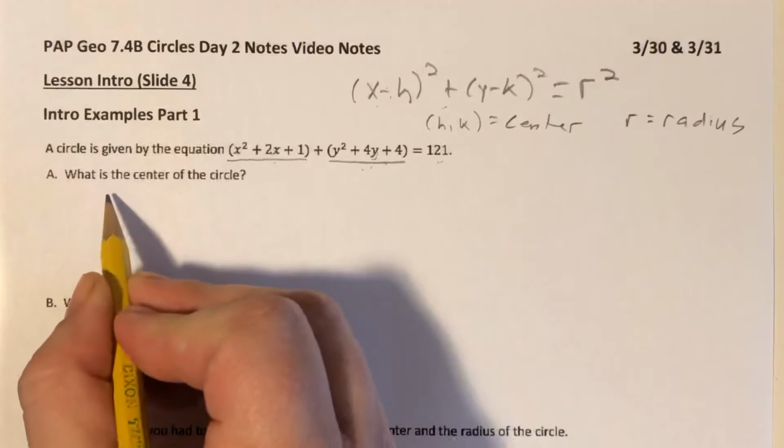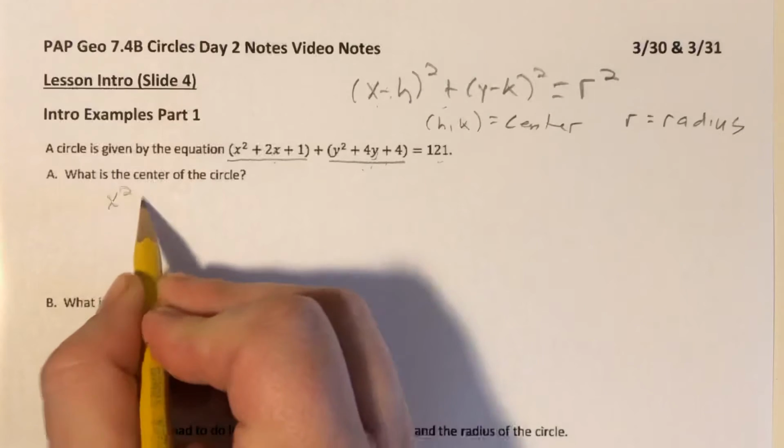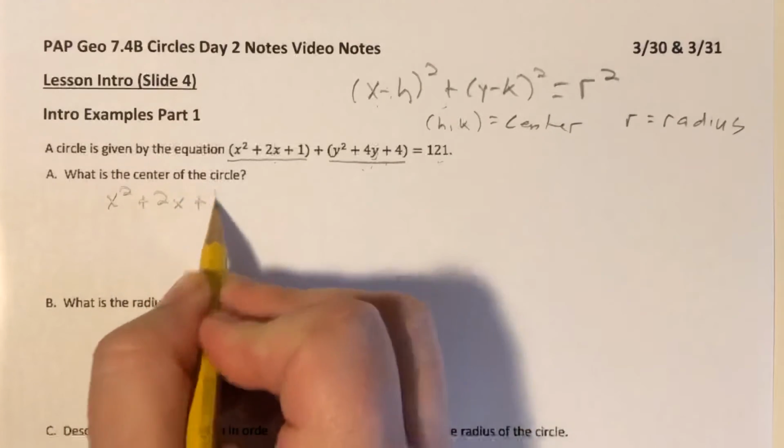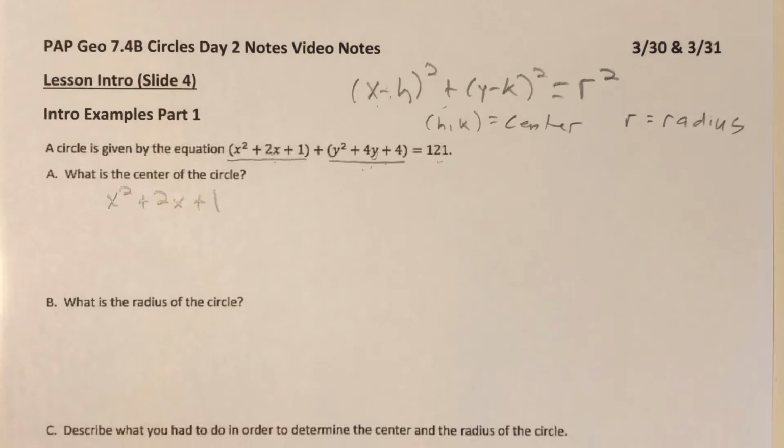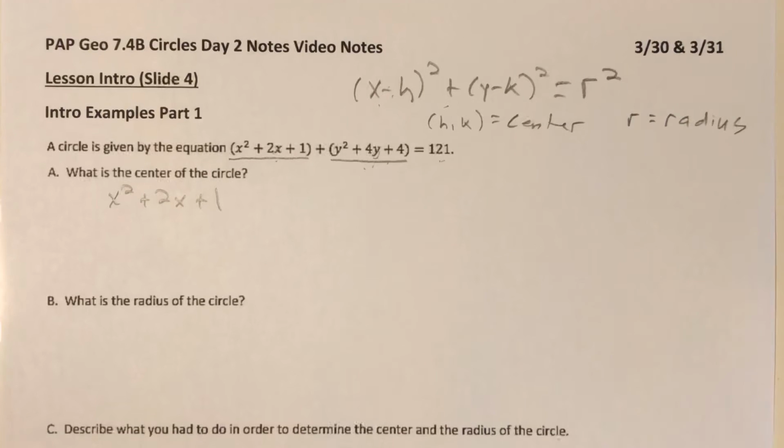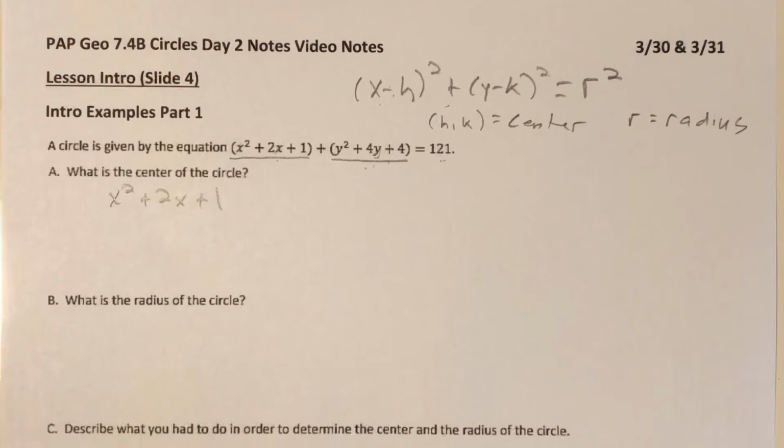Now, I've got a quadratic. I got x squared plus 2x plus 1. We've worked a lot of problems this year where we've used factoring to solve. And remember, in those cases, we usually set it equal to 0 and then factor it and find out what the possible values of x are. Well, we're still going to use the same principle to factor.